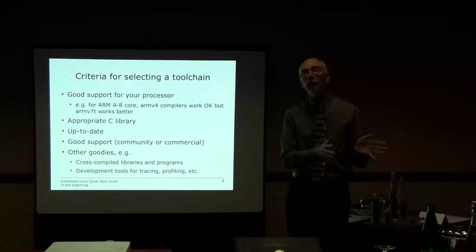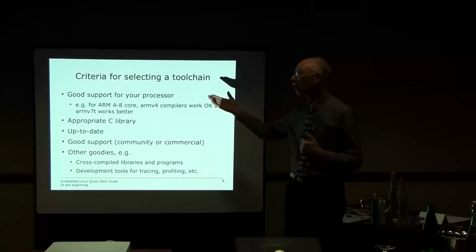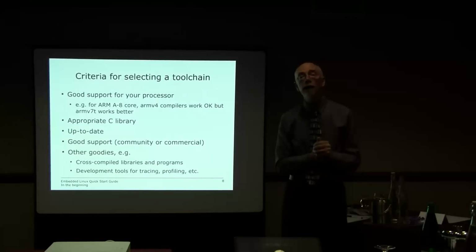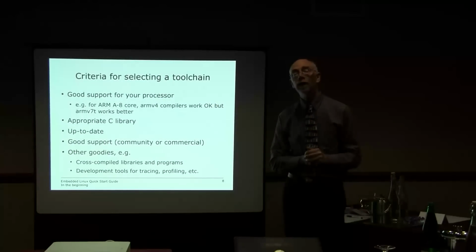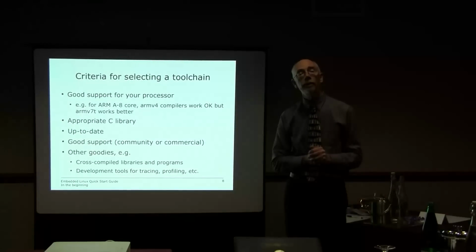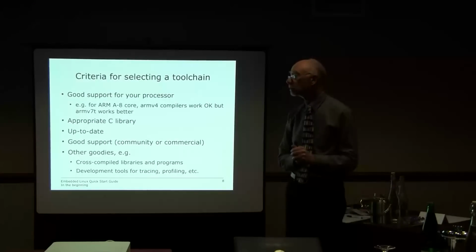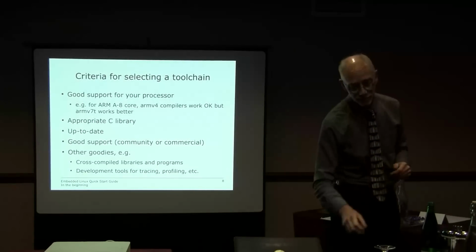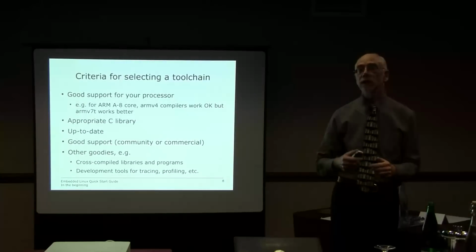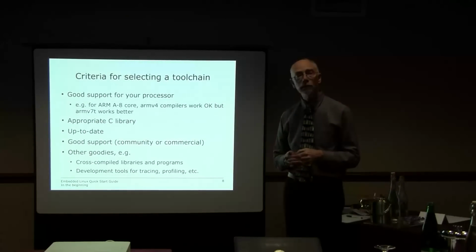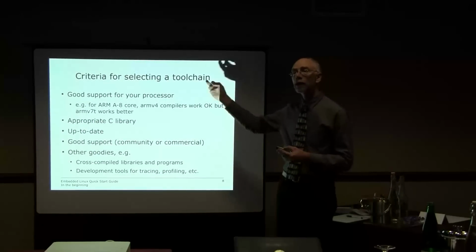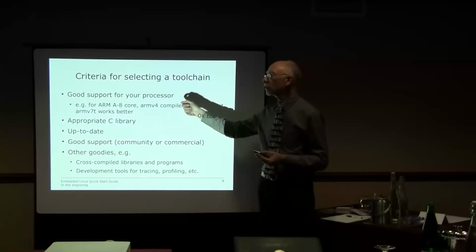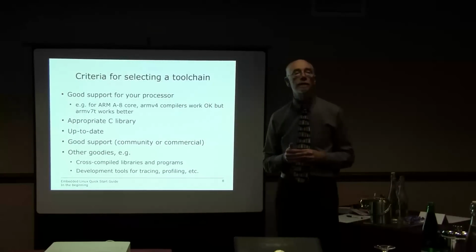So you can use a Debian ARM toolchain with a Cortex-A series processor, but you're not getting the full benefit. You'd be much better off using a different toolchain, and I'll give some examples in a moment. So make sure not only does it support your processor, it supports a particular variant of your processor.